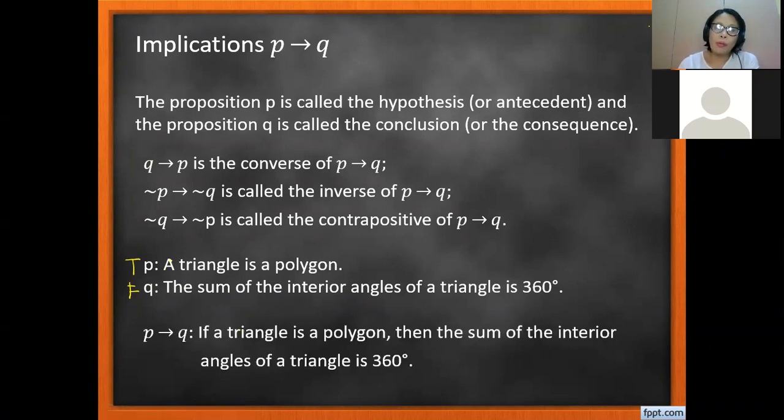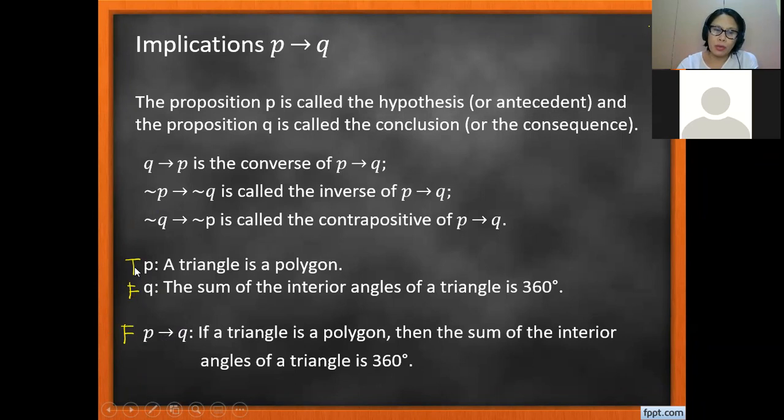So if we combine this using the implication connective, we have if P then Q: if a triangle is a polygon, then the sum of the interior angles of a triangle is 360. And we come up with TF, so this would be a false statement. Again, in the if P then Q statement, if the premise or the hypothesis is true and the conclusion is false, then the truth value of if P then Q is F. Otherwise, everything will be true.